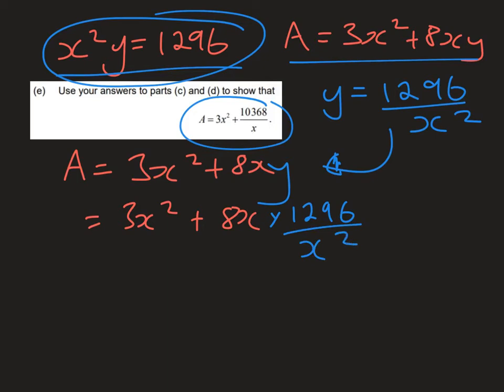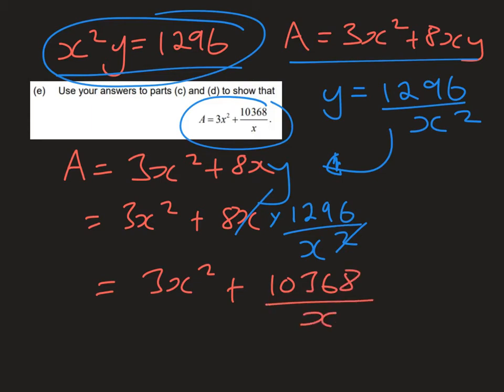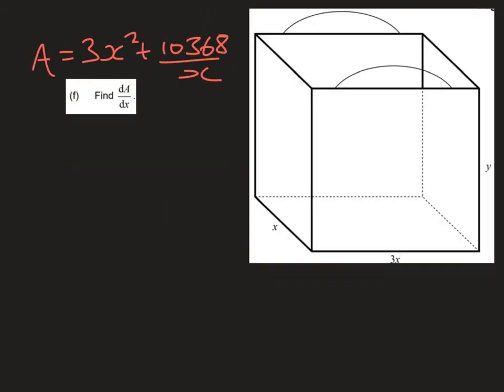And hopefully we can see that this x is going to cancel out with this one. So we're going to be left with 3x squared plus just the 8 times 1,296, which is going to give us 10,368 over x.